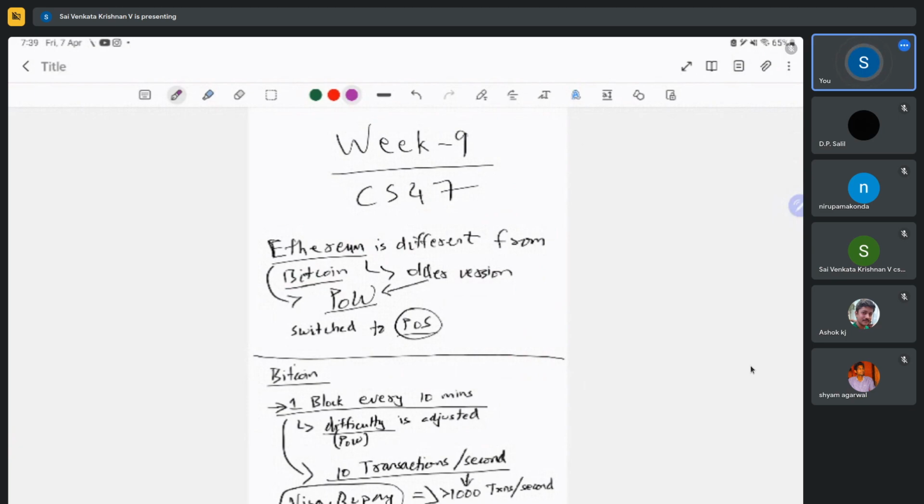So this is what I wanted to cover in this live session, and I hope you understood the key takeaway from this live session: what are the naive ways of improving transaction throughput per second, and what are the drawbacks in doing that, and how Ethereum tries to transform those drawbacks into an advantage, and improve the security, and also make it more unfavorable for the attacker to stage a selfish attack.